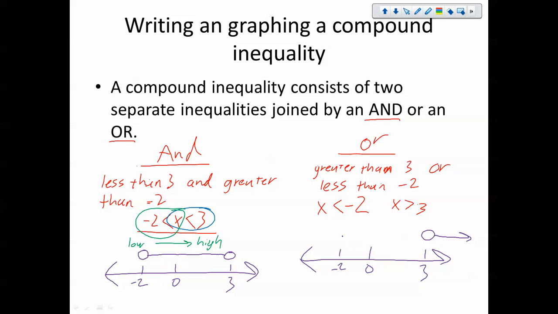And then we have an open circle on -2, and it's going that direction because it's less than. So notice that these ones are connecting in the middle for the and statement. And in the or statement, they're going in opposite directions. So that's the difference between an and an or statement. These are compound inequalities. We are creating a single inequality by taking two separate ones and putting them together.